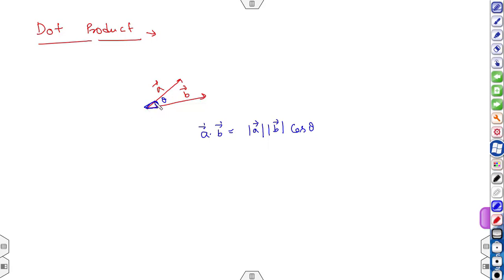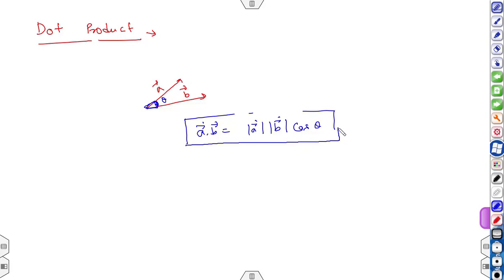So first we have to see the substitute for this operation in terms of the coordinate system, that is, in terms of x and y. Before that, we will see the significance of the dot product in game design.